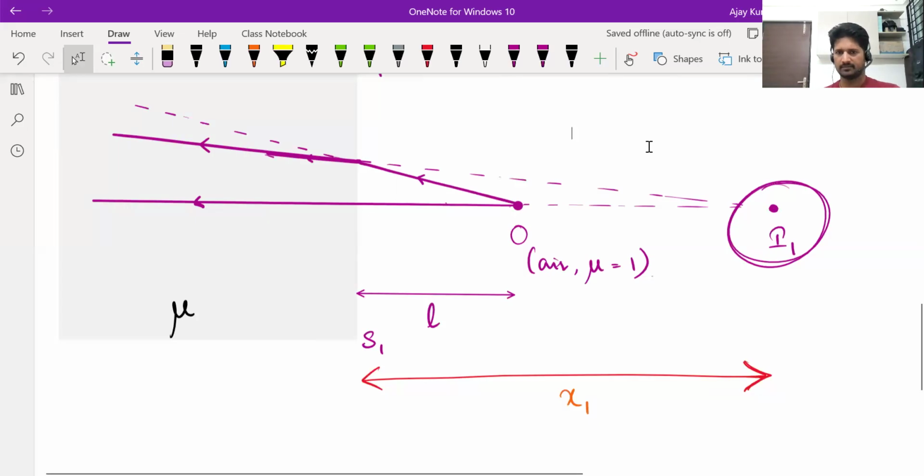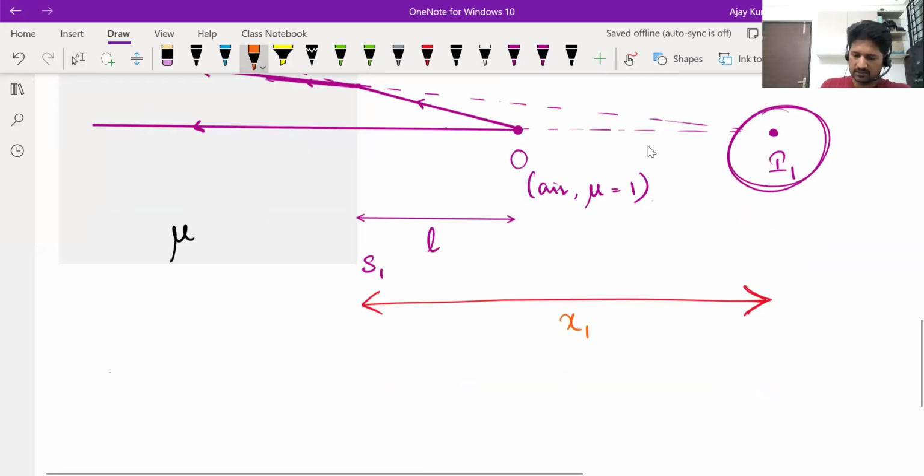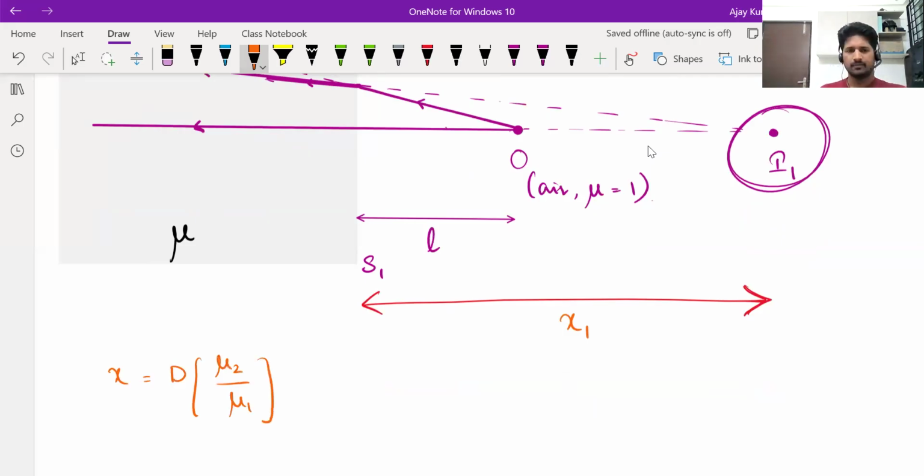That is correct. Okay. See, apparent distance will be actual distance into mu2 by mu1. We are going to use that formula as it is. Therefore, the apparent distance x1 becomes actual distance L. Now, which medium to take as mu2, which as mu1?